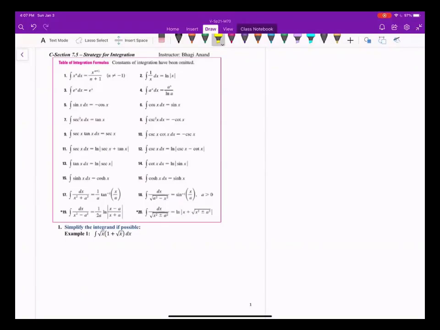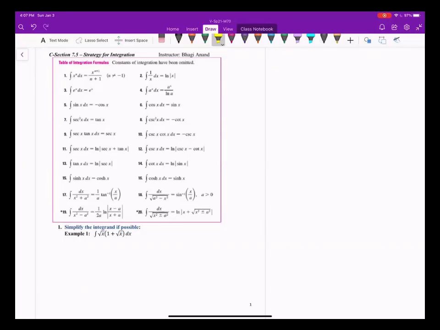So after learning four techniques, along with the substitution technique that you learned in my Calc 1 class, now we have learned some techniques to integrate by recognizing the integrand.